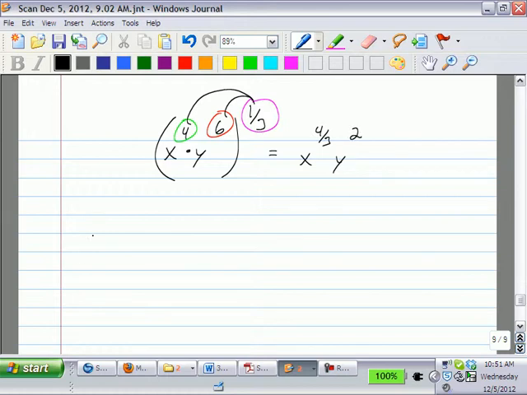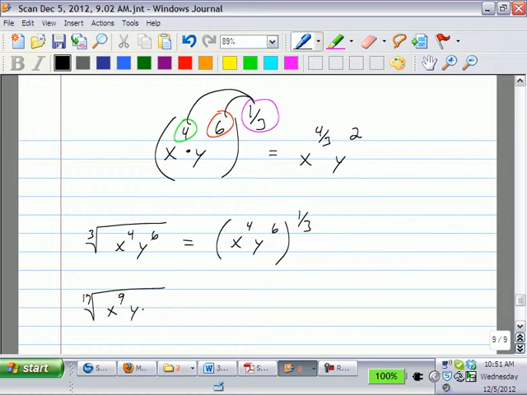Okay. Now, did you know it's a notation thing?